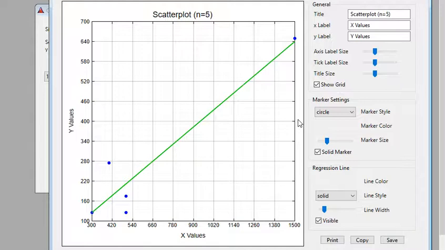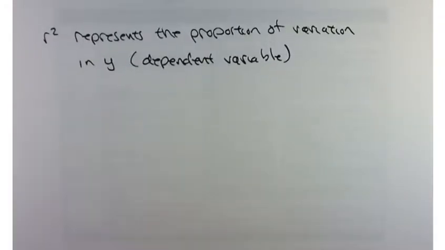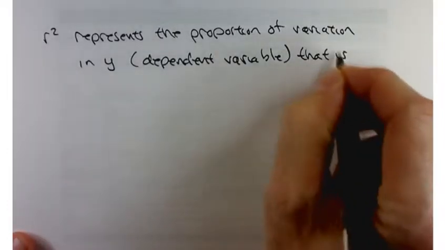R squared represents the proportion of variation in y, which is your dependent variable, that is explained by knowing the value of x, which is your independent variable.